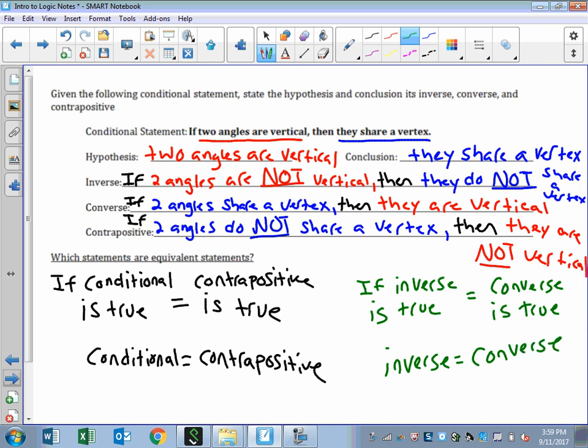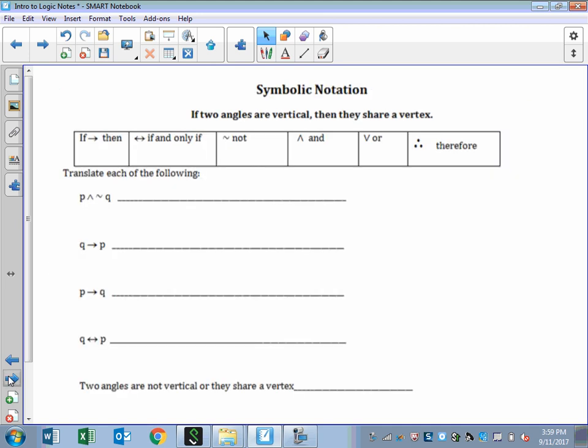If we look at our example, we have: if two angles are not vertical, then they do not share a vertex. The logical equivalent of that is the converse: if two angles share a vertex, then they are vertical. So just try to remember that conditional and contrapositive are equivalent, and then inverse and converse are equivalent.